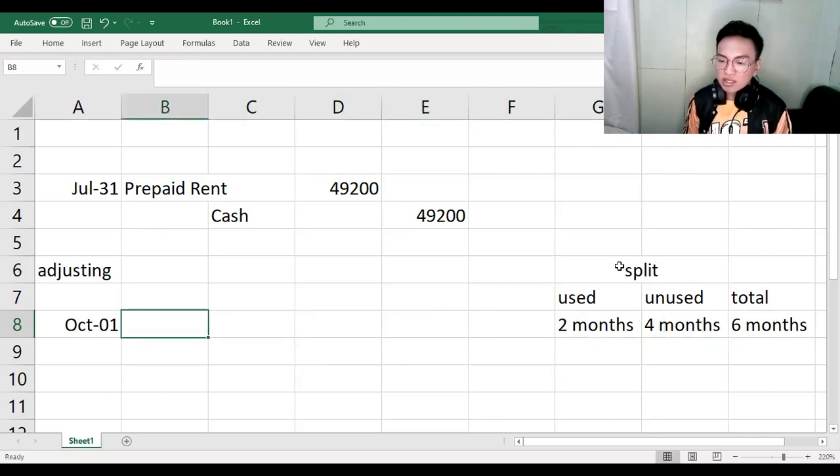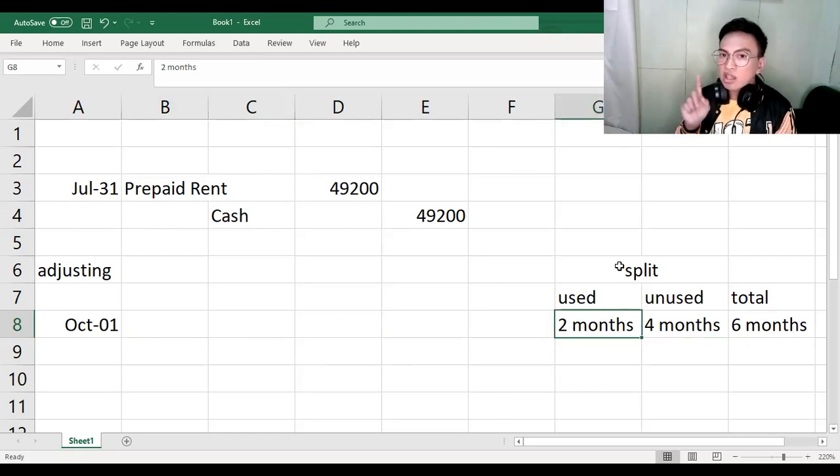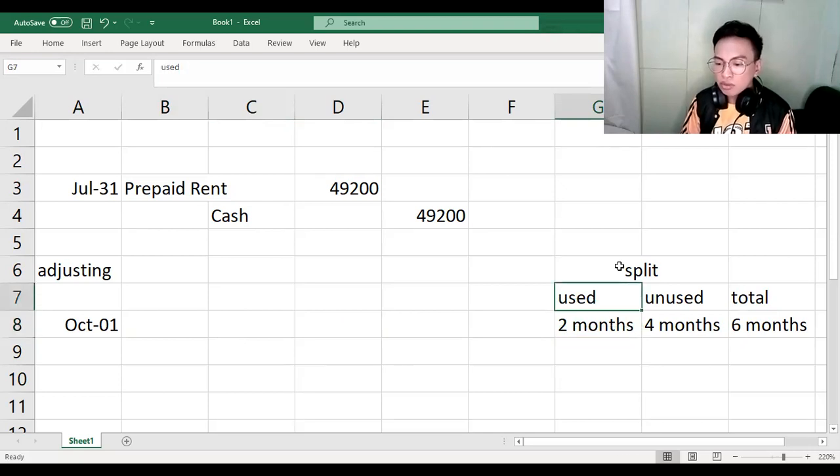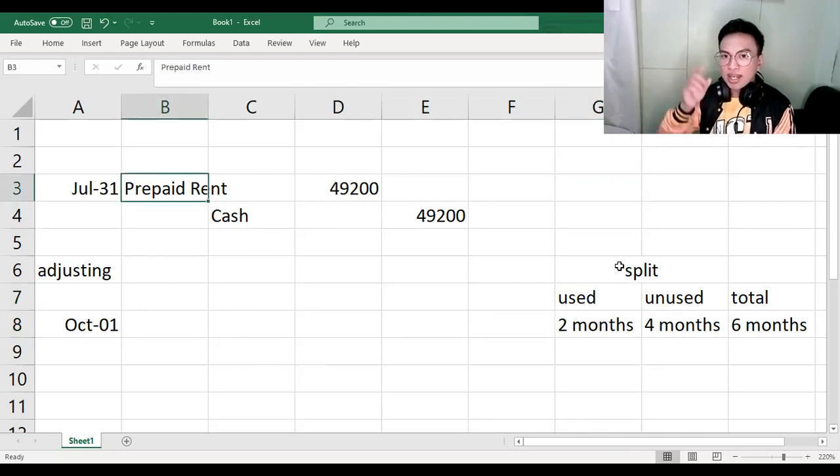Ngayon, how do we adjust? Or ano yung dapat natin galawin? Do we show the 4 months? Or are we going to move it using the 2 months that we used up for the prepaid? Answer is we will use this portion. Okay? Why, sir? Because again, adjusting entry should show the movement instead of the end balance of your accounts na pinag-uusapan. Here, meron tayong asset na ni-recognize.